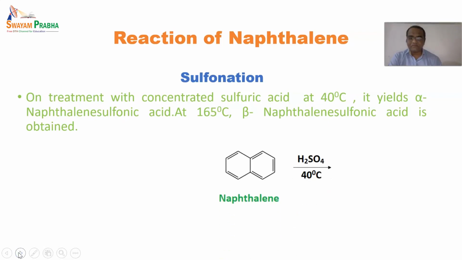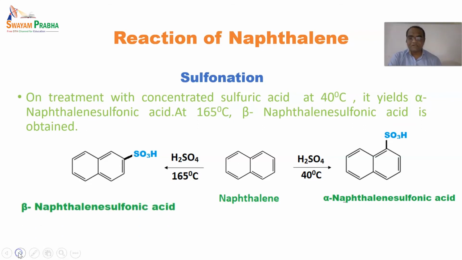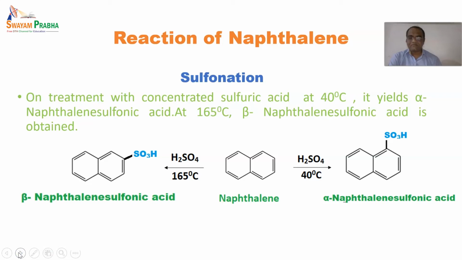When naphthalene is warmed at 40 degrees Celsius, it forms alpha naphthalene sulfonic acid, and under more harsh conditions, as we have discussed earlier about why only the alpha product predominates and not beta, it also gives a beta product, but the conditions are harsh, so now it forms beta naphthalene sulfonic acid.